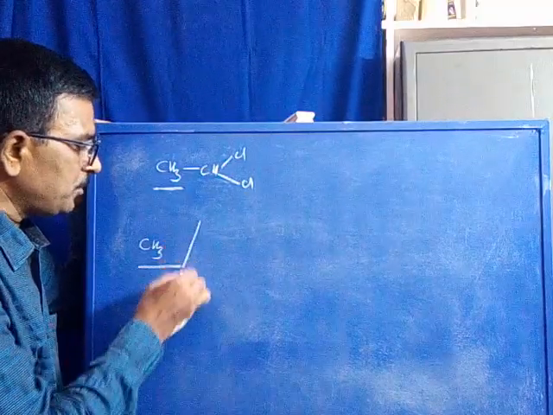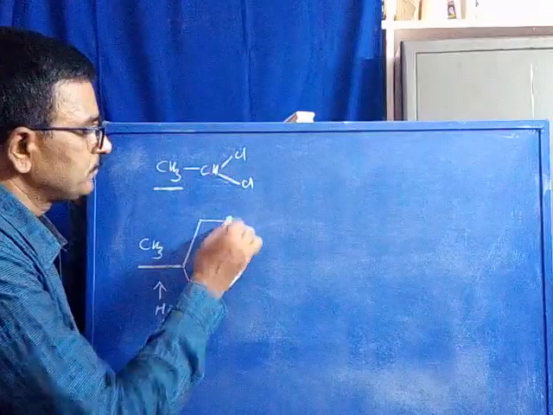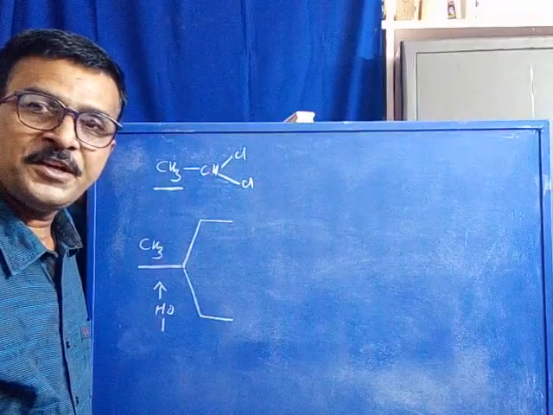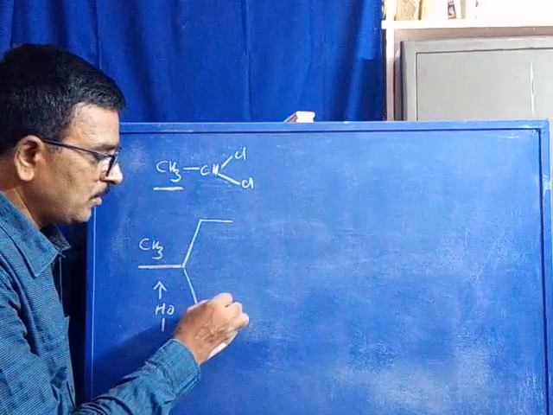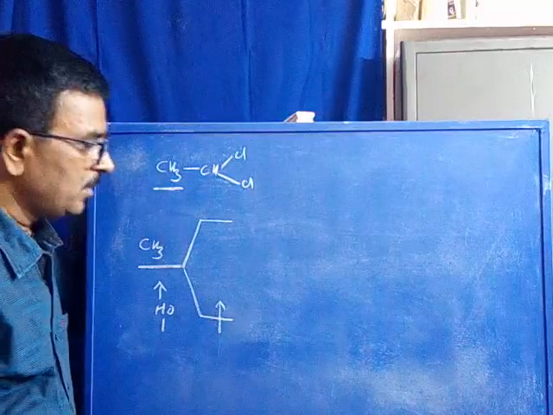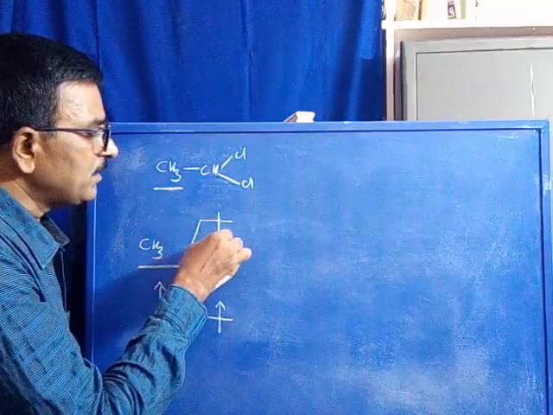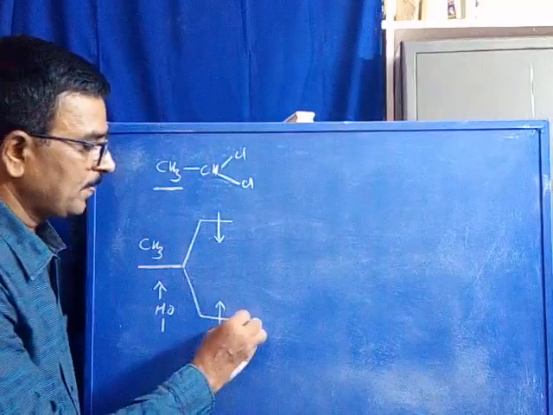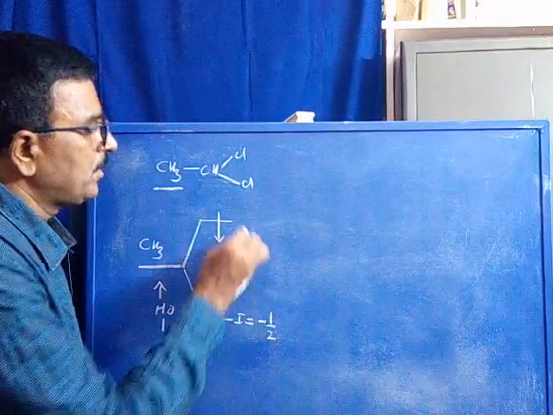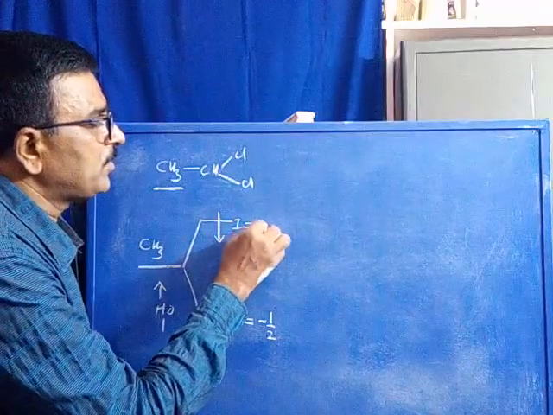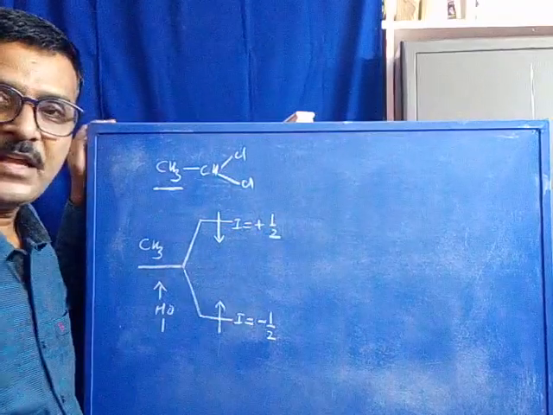It splits into two energy levels. This is the lower energy level, this is the higher energy level. I is equal to minus half, I is equal to plus half. Is it clear?